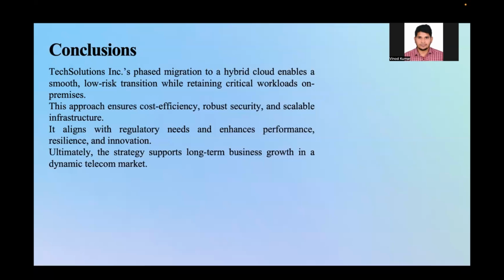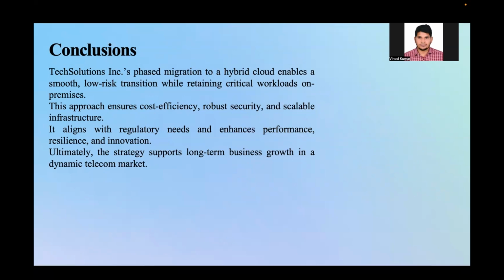Moving on to the next slide. To summarize, to wrap it up, Tech Solution Inc.'s move to the cloud lets it become more agile, resilient, and cost effective. It can respond faster to changing business needs, cut back on unnecessary expenses, and scale effortlessly when demand grows.